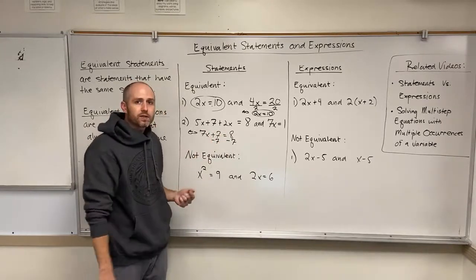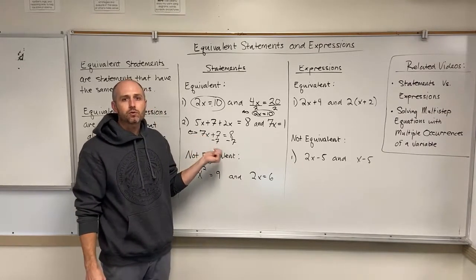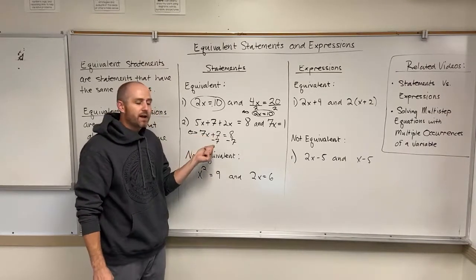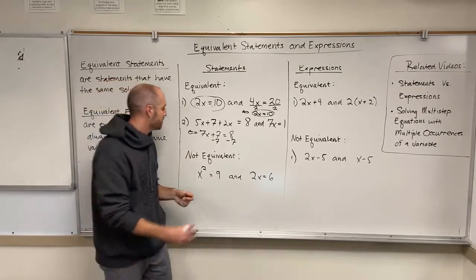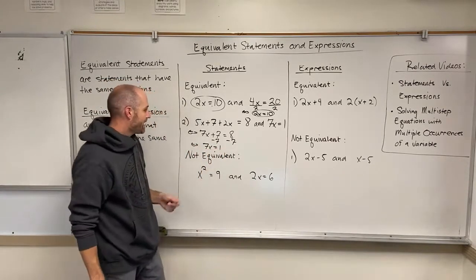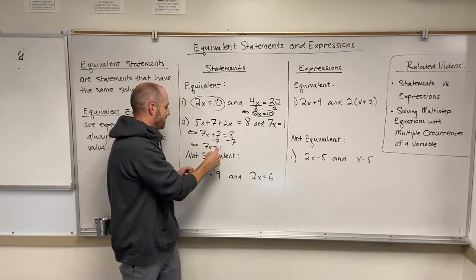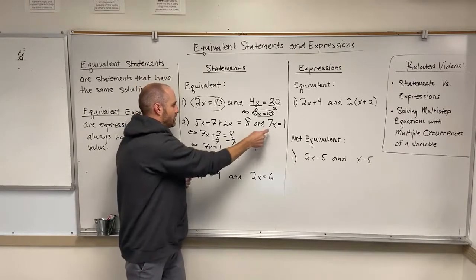So in other words, the statement that follows from this one will have exactly the same solutions as this one does. And that is what those properties of equality do. Okay, so now we'll have 7x is equal to 1. And now you can see that using a few transformations of this statement, this one and this one are actually identical to each other.